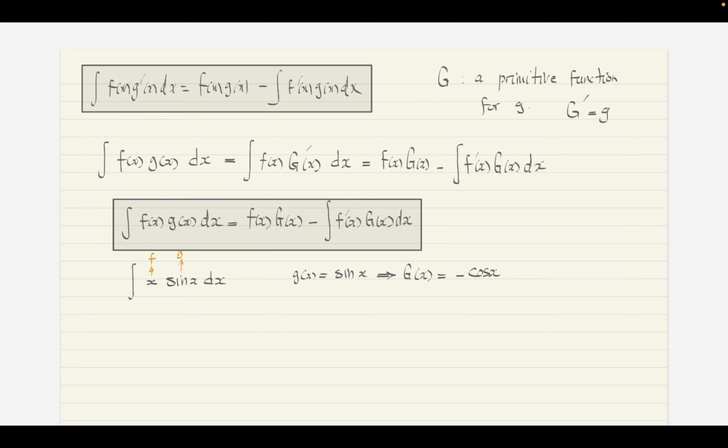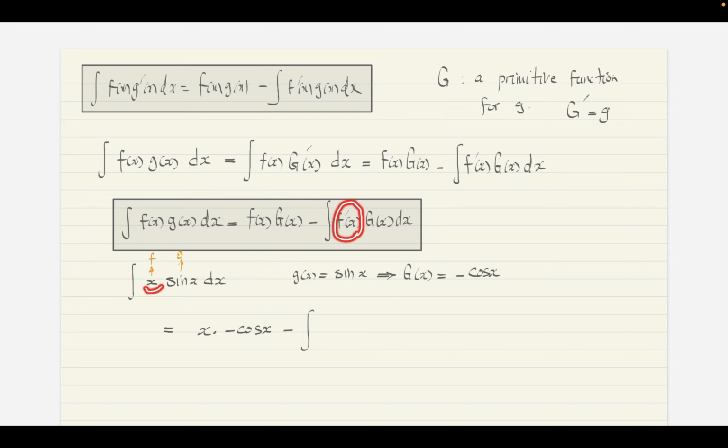So let us do that. Okay, f, which is x, multiplied by capital G, which is minus cosine x. So this becomes equal to x times minus cosine x. And then I have a minus sign integral, so I would write minus integral. But now I need f prime x.